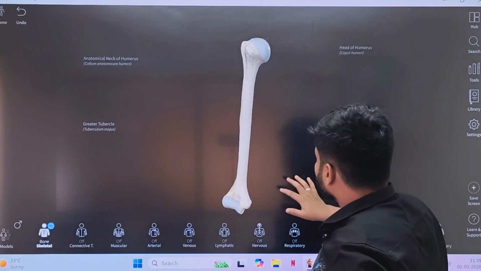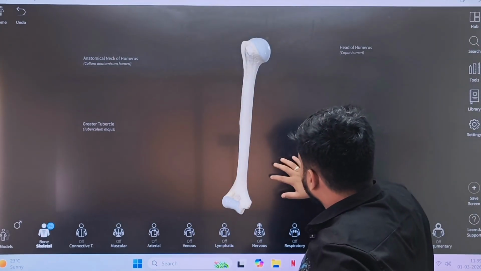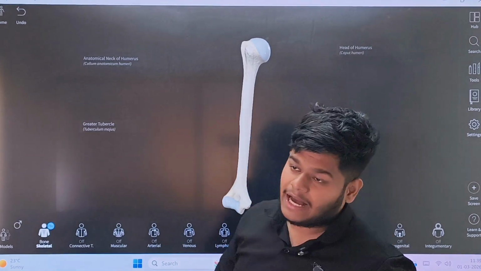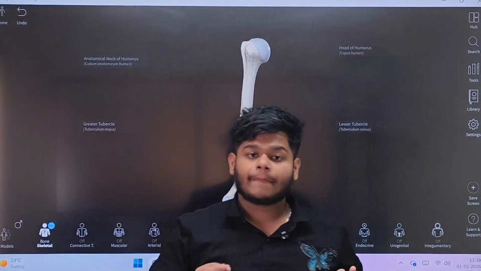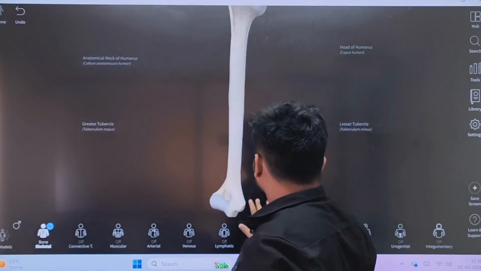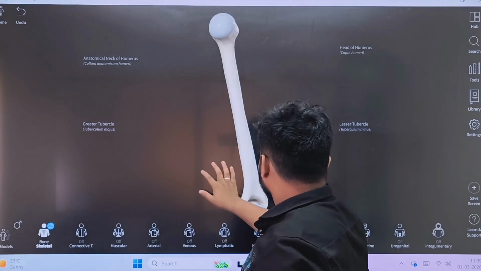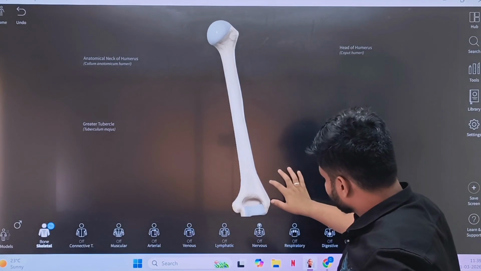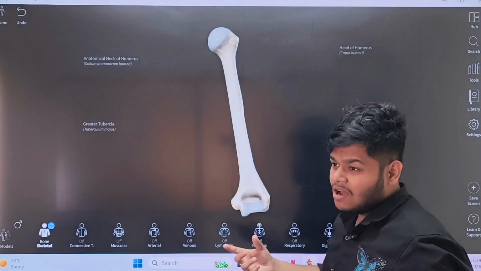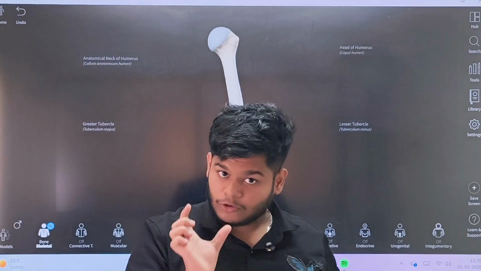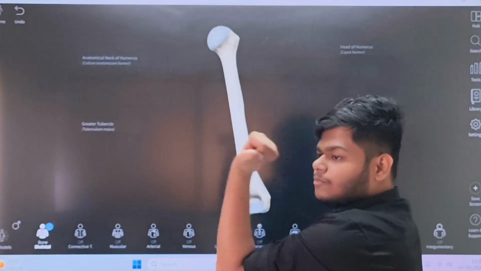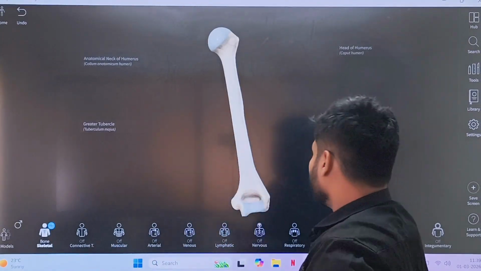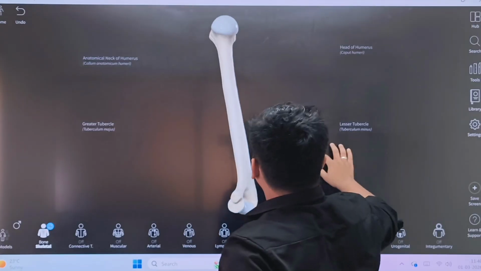Now, when you want to know the anterior and posterior side, always remember there is an olecranon fossa on the lower part in the posterior side. See, this is the big olecranon fossa for the olecranon process of the ulna during this movement.